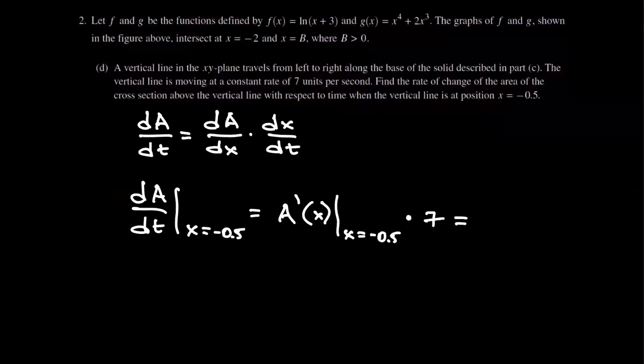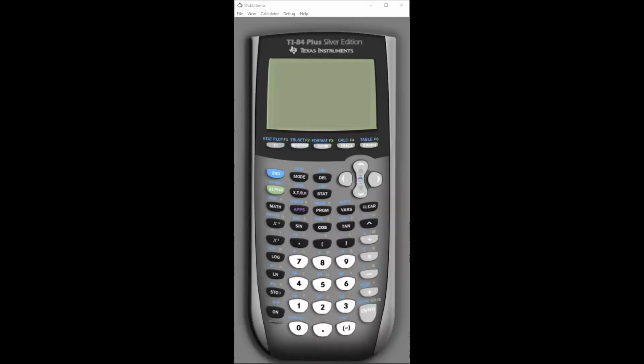And so let's pull out our calculators and calculate what the derivative times 7 is equal to. So here we need to calculate the derivative of the area, evaluate it at the point -0.5, and multiply by the rate of change in x, which is 7.